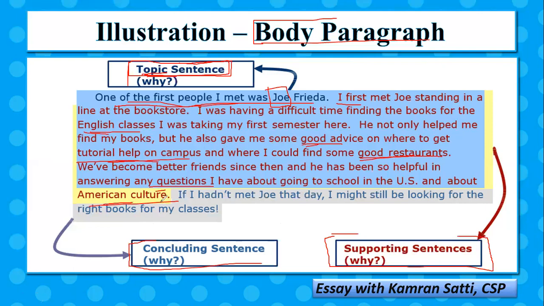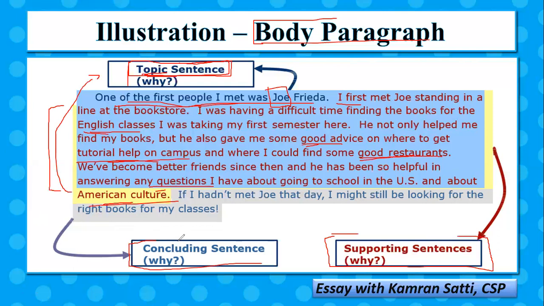So these are the supporting sentences. These support my topic sentence, which was that Joe helped make my schooling experience very good. These are the sentences which elaborate and support my stance, the topic sentence which I have chosen.